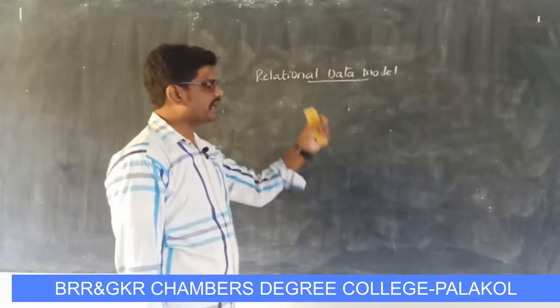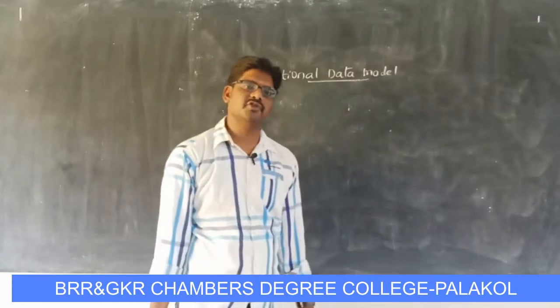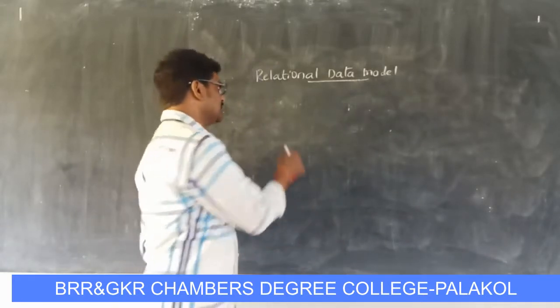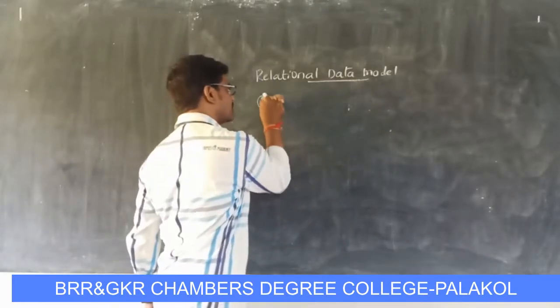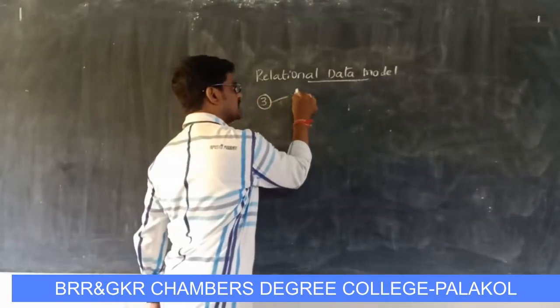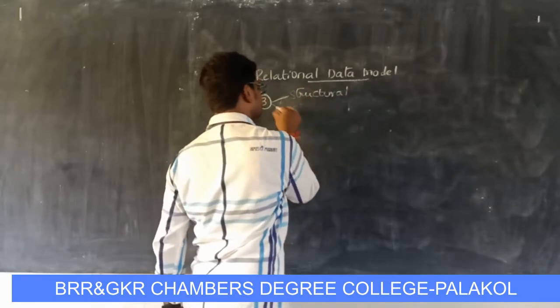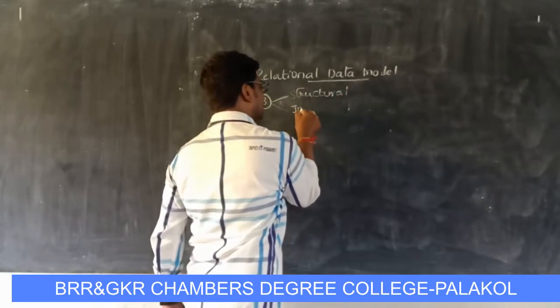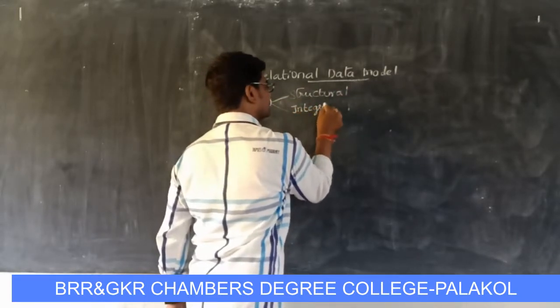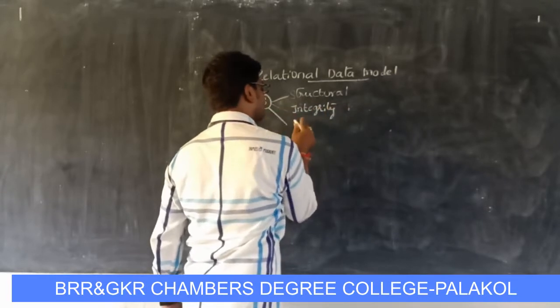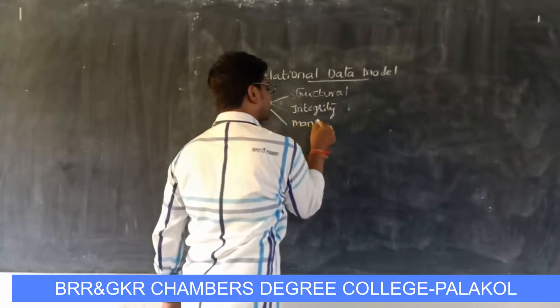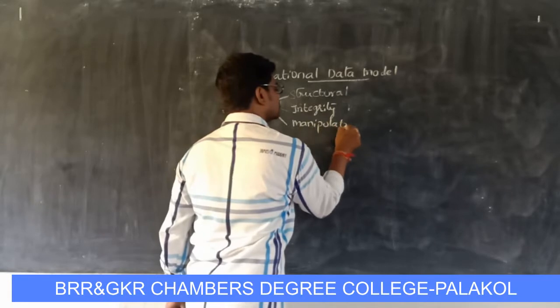So the relational data model is composed of three components. What are they? One is the structural part, the integrity part, and the manipulative part.